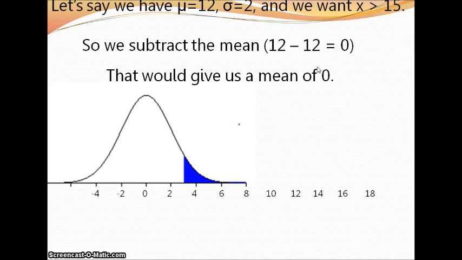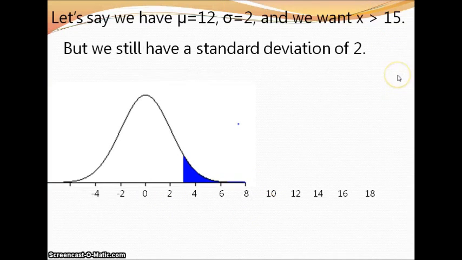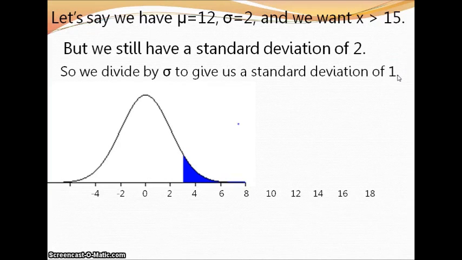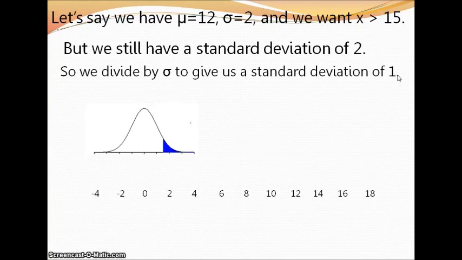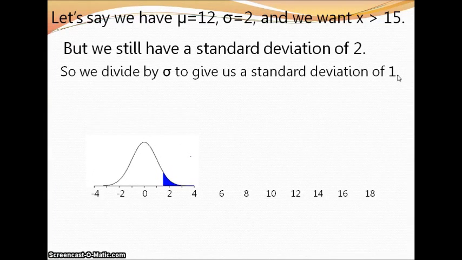And then we notice also that our standard deviation is not 1, they're going up by 2 still, so we're going to have to adjust for that. We're going to divide by the standard deviation, which is what the z-score formula says, to in effect shrink the curve and give us a standard deviation of 1 where we expect.